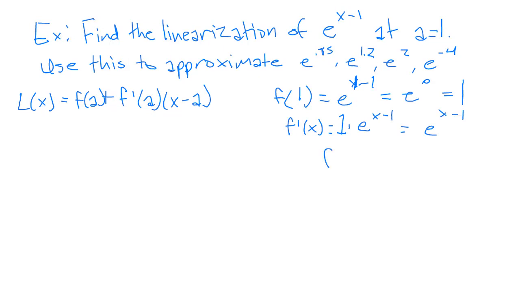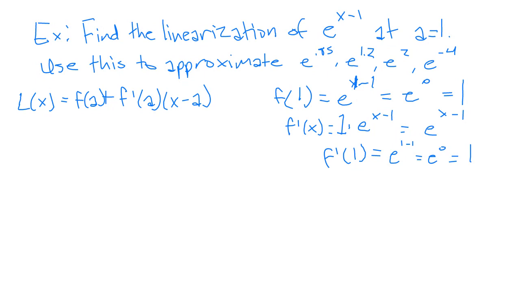Now we can go ahead and plug in our f prime of 1, which is once again e to the 1 minus 1, which is e to the 0, which is 1. Now let's plug this into our linearization equation.